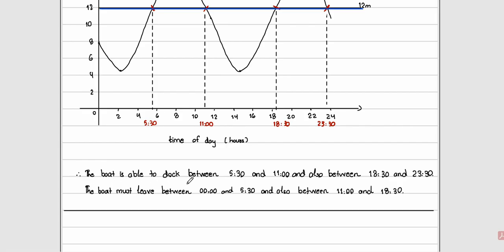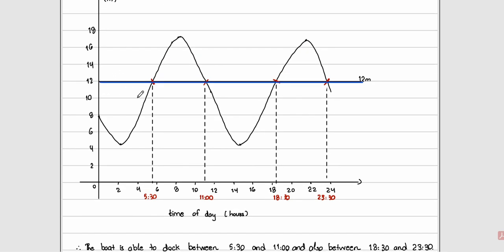The boat is able to dock between 5:30 and 11, and also between 18:30 and 23:30, because the graph passes through these 4 points, 1, 2, 3, 4. The time is approximately 5:30, and the next time is approximately 11.